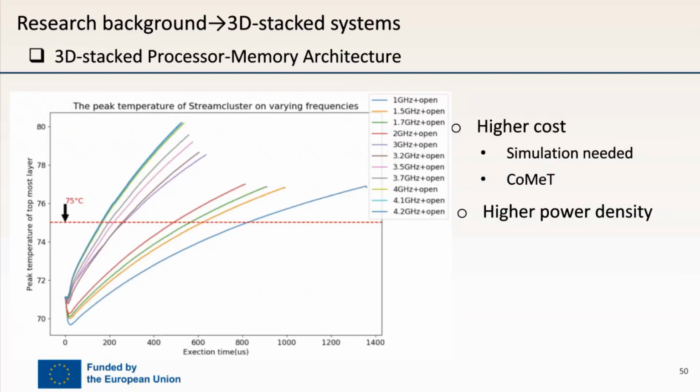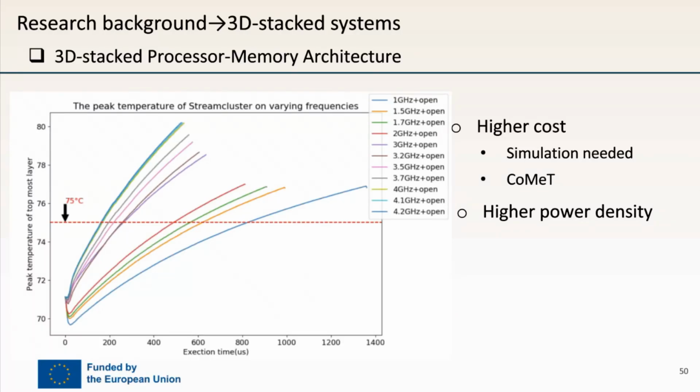In 2D architecture, DVFS, dynamic voltage frequency scaling, is typically used to regulate the frequency and voltage of cores. However, this approach is insufficient for 3D stacked architecture. For example, when we run the benchmark called streamcluster at different constraint frequencies, even at 1 gigahertz, the peak temperature will exceed the thermal threshold of 75 degrees Celsius.